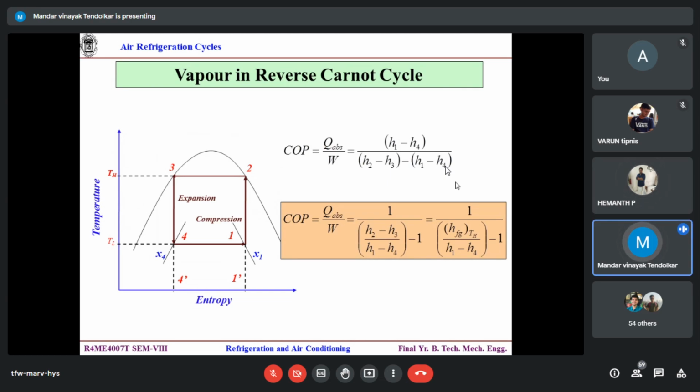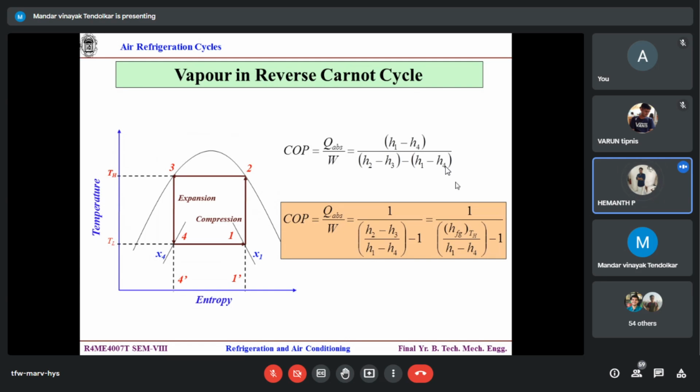That's what I said. You have to lock the HFG. The moment you lock 2 and 3, 1 and 4 automatically get fixed. Yes, sir, but it is easier to draw on the graph paper, but physically, when we are operating the cycle, how do we know that we have to stop at this particular mass fraction or temperature and pressure?